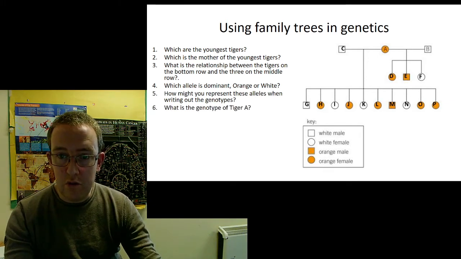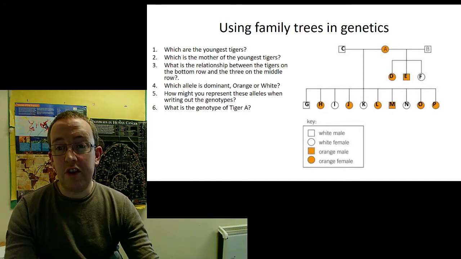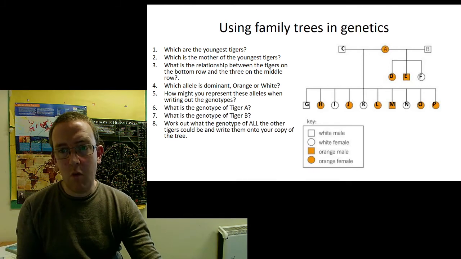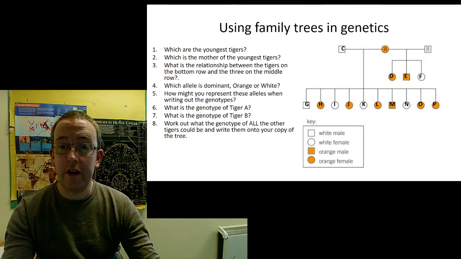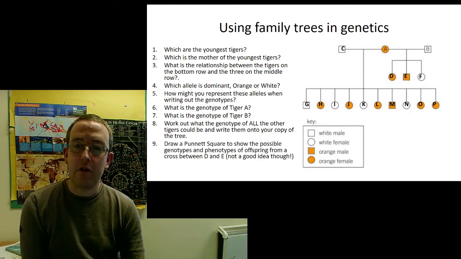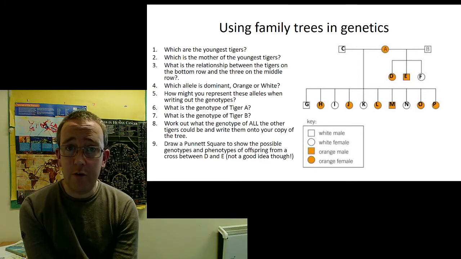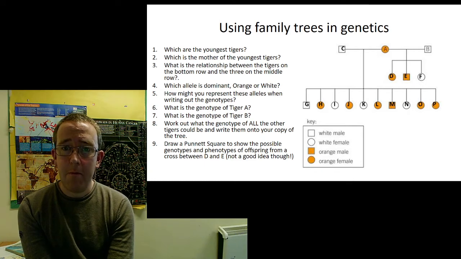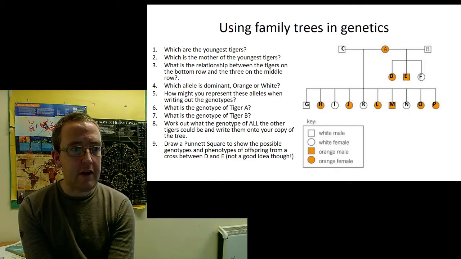What is the genotype of tiger A? What is the genotype of tiger B? And work out what the genotype of all the other tigers could be, and draw a Punnett square. So these are a selection of questions you might get on this family tree. What I suggest you do is pause the video now, work through those ones, and we'll get the answers shortly.